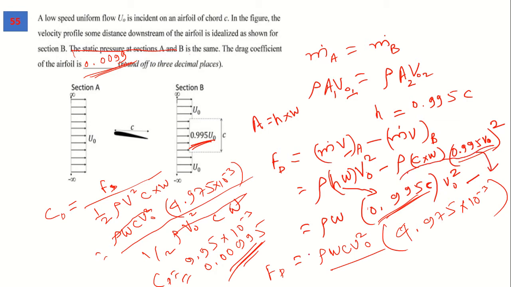Finally, we simplify this: we take rho W C V naught square common, and after simplifying it becomes 4.975 into 10 to the power minus 3. So this is the drag force.